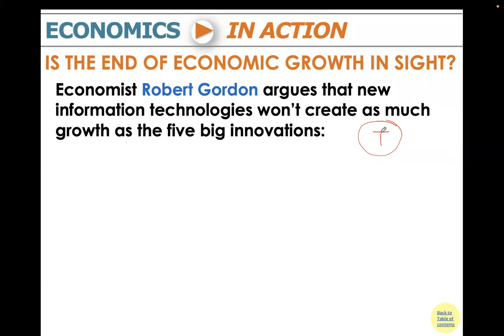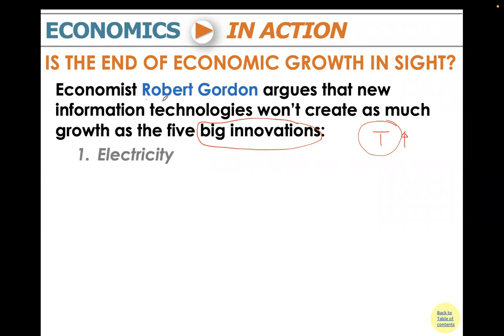Okay. Now, if we look at history, we can identify some big innovations in recent history that brought a tremendous increase in T, and certainly that brought economic growth. This was done by Robert Gordon. He's a professor at Yale, and he found five big innovations.